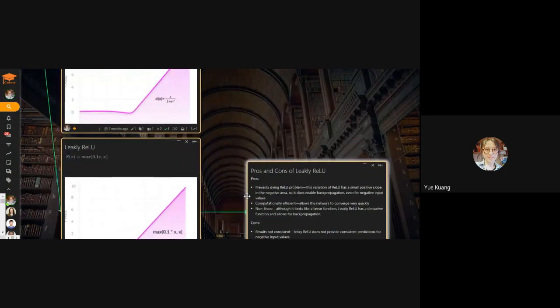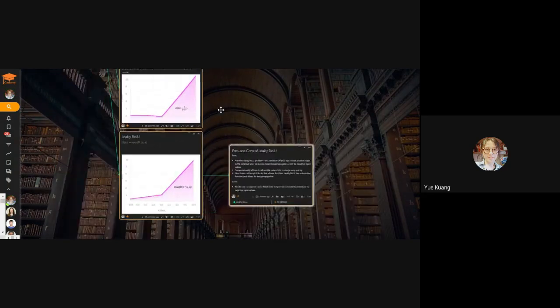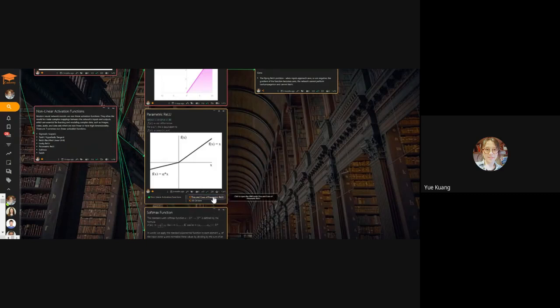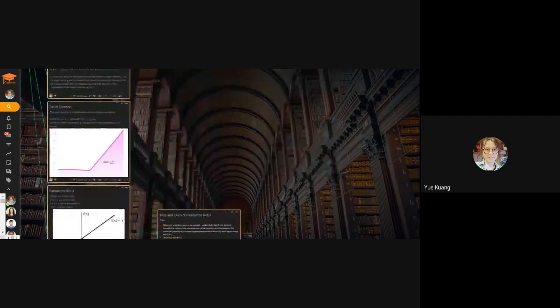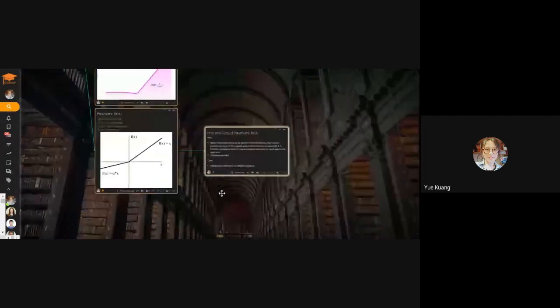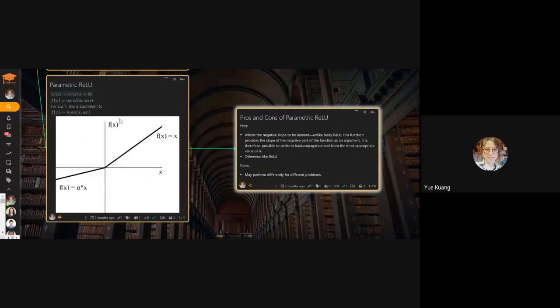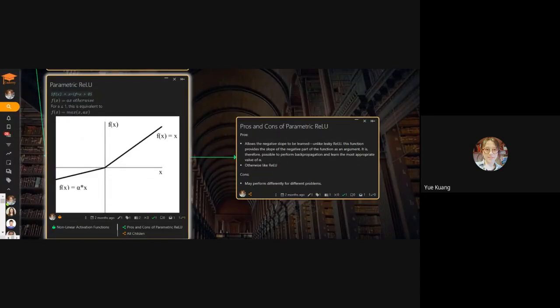Okay, so the next one would be parametric ReLU. Okay, as you can see from the graph, this activation function allows the negative slope to be learned, unlike Leaky ReLU.